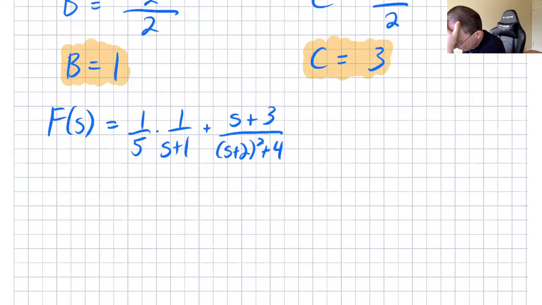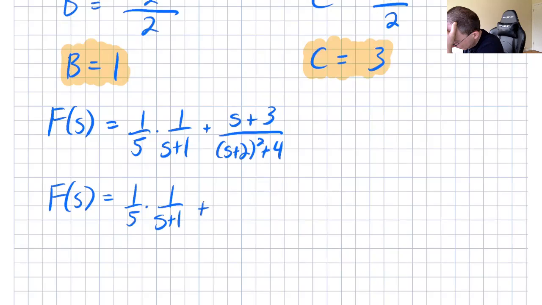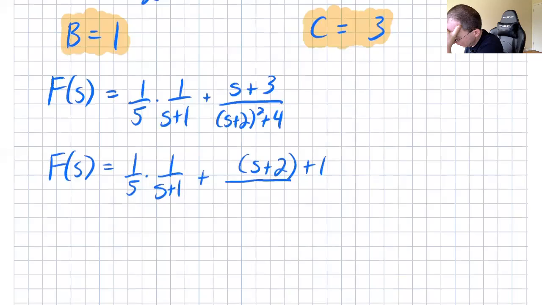So let's do that. So s plus 2, but then it's actually s plus 3. So I just add plus 1, and now 2 plus 1 is 3. So that's perfect.